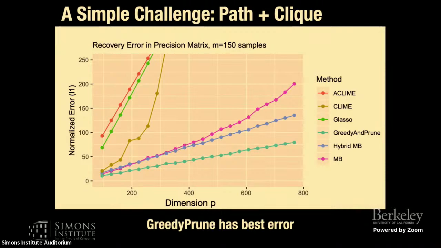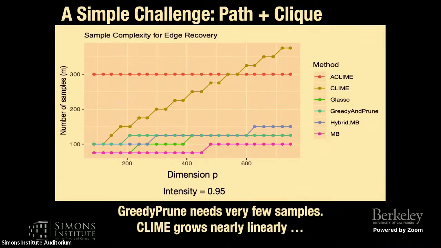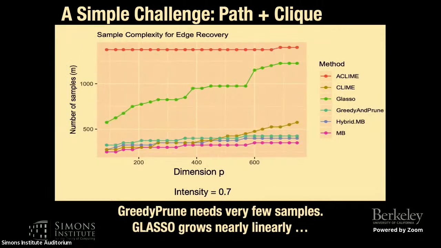But the greedy prune algorithm almost always works. The dependence on the dimension is logarithmic. For instance, here you can see that for the CLIME package, the number of samples needed is growing nearly linearly with the dimension, whereas greedy is flat, and Lasso is also flat. But if you change the intensity, the other one fails, whereas greedy still works.